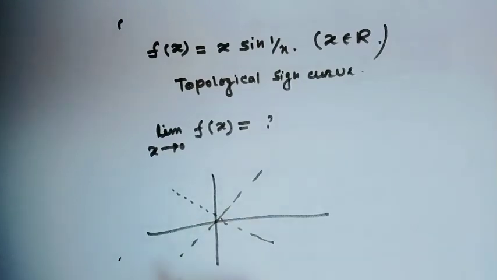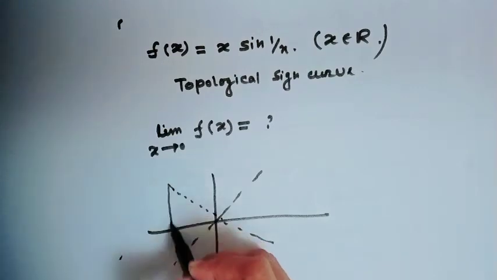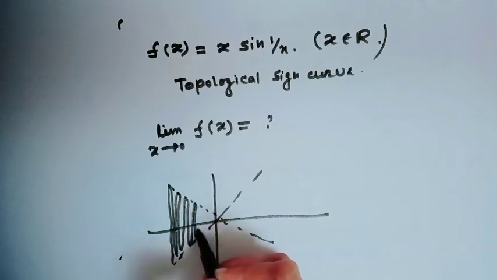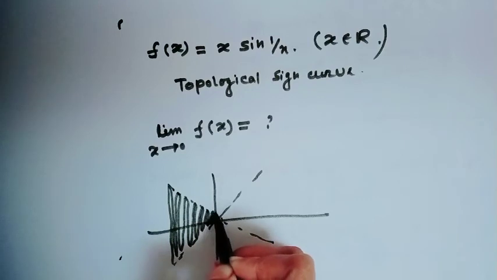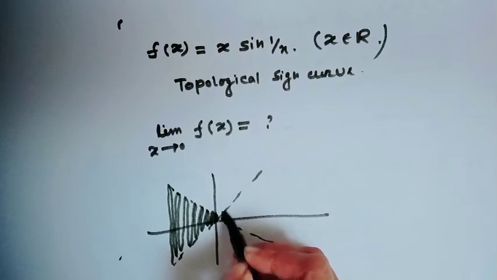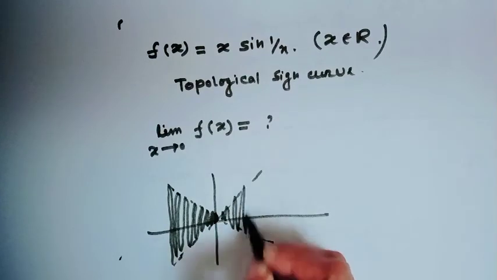This is an oscillating function, and it oscillates like this, very fast at x equal to 0. This is a very beautiful function.